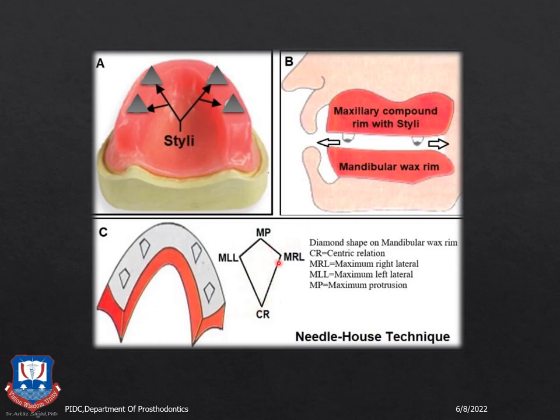This created a diamond, the posterior part of the diamond. This is the centric relationship, and this over here is the protrusive movement, this is the left lateral, and this is the right lateral movement. So instead of studs, House advocated the use of styli. That was the only difference from the Needle method.